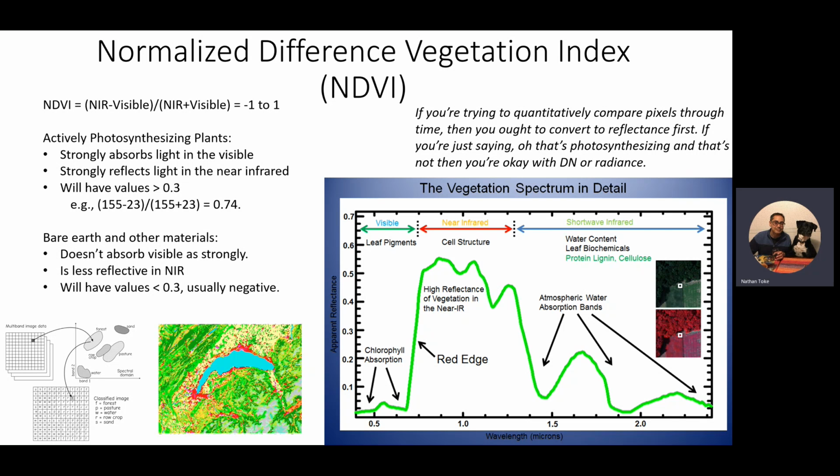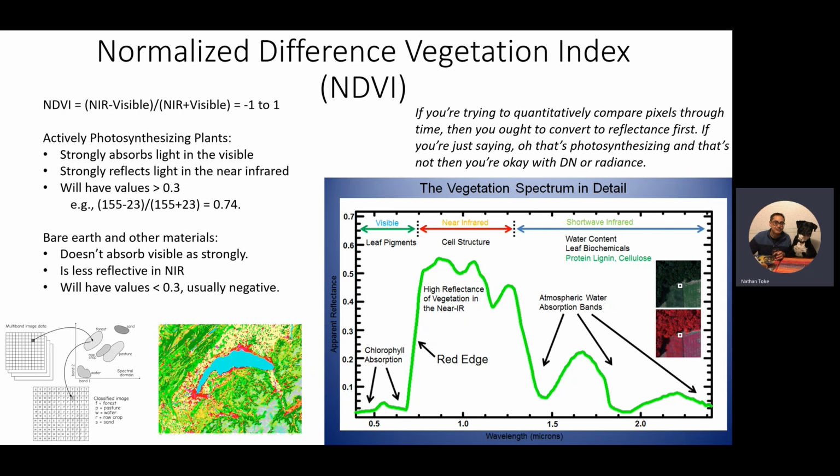So for example, if you had a value of 155 for the near infrared, you subtract 23 for the visible, because it's absorbing and not emitting in the visible, and then divide by 155 plus 23, you get a value of 0.74, which would mean, yes, it's photosynthesizing. So it's green, healthy vegetation.